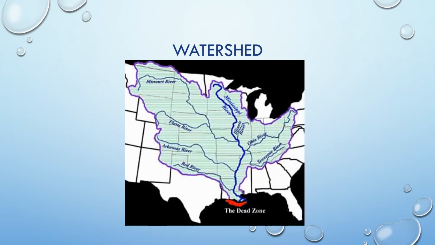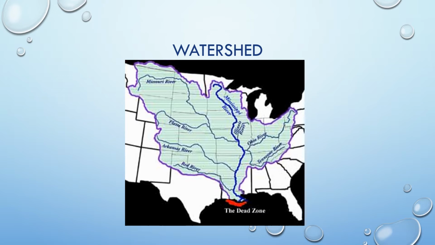The smaller tributaries and rivers ultimately flow into the Mississippi River, which then ultimately flows into the Gulf of Mexico. And we look at watersheds and the health of a watershed to keep track of how well water is being replenished and how polluted it might be.